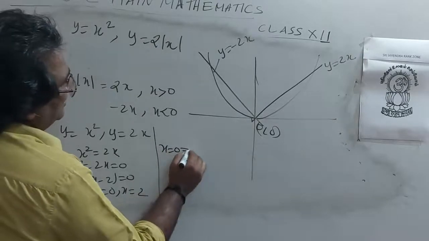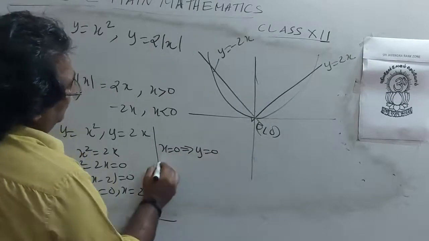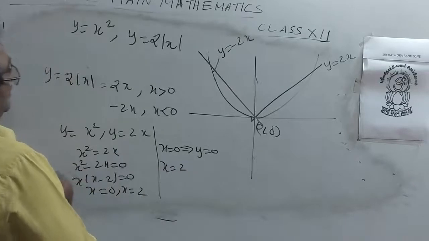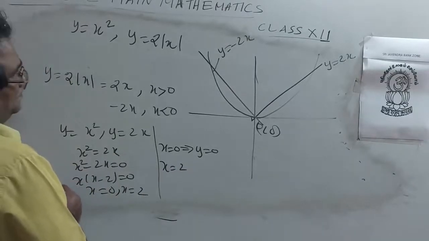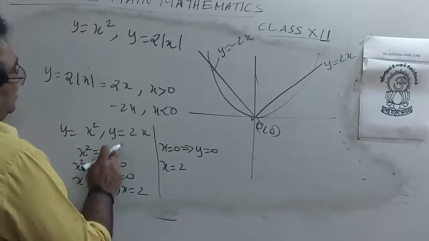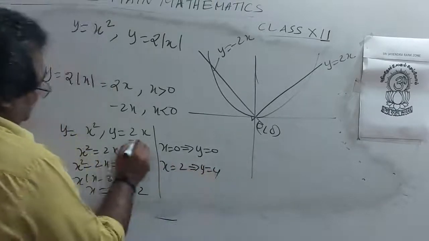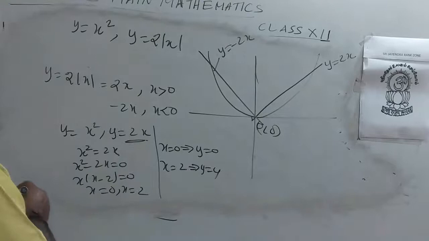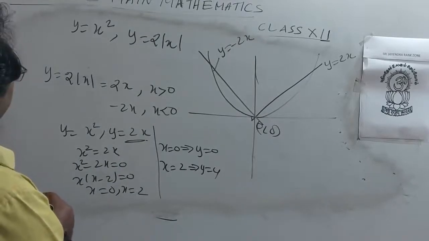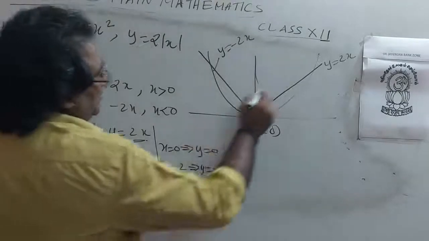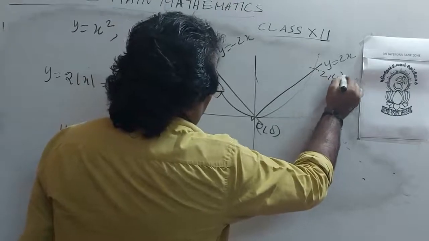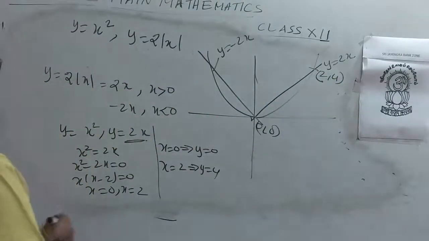X 0 means y 0, x equal to 2 means y equal to 4. So this point will be 2, 4.